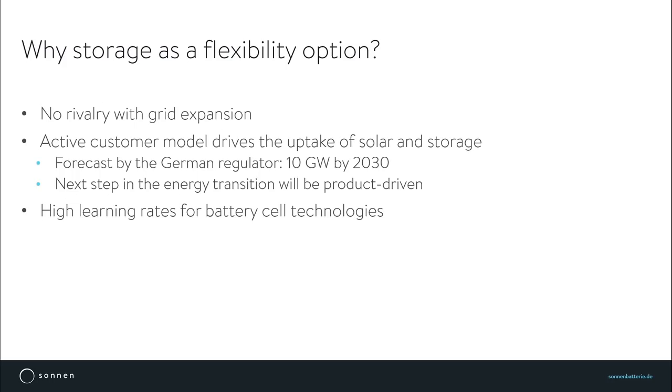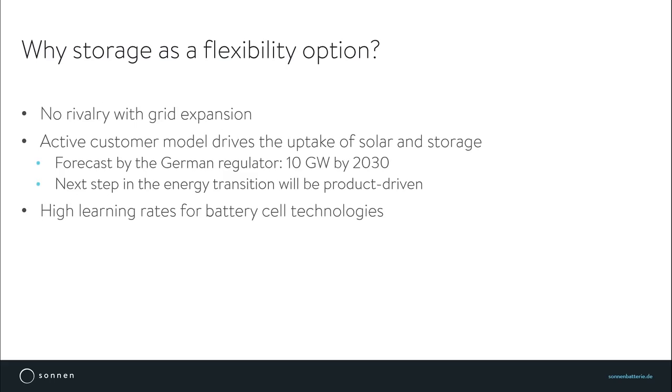We also believe that regardless of what grid operators are going to do, we're just going to see a huge uptake of solar and storage due to the active customer model, which will then automatically raise the question whether or not we should use this flexibility option to benefit the system as a whole.